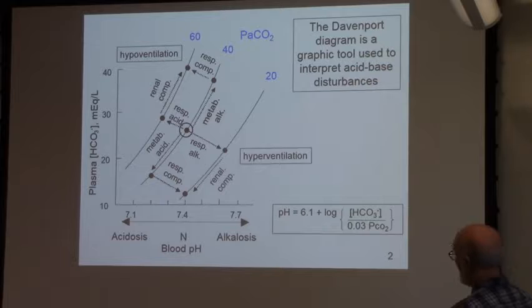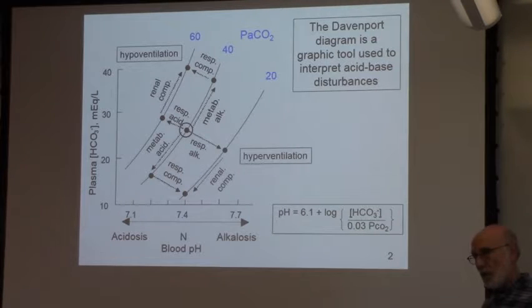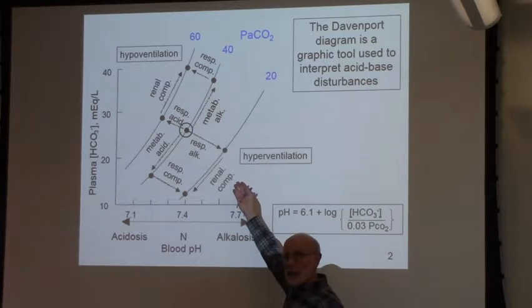So this slide tries to differentiate between metabolic alkalosis and focusing on the kidney. We haven't learned about the kidney yet. We're going to learn about the kidney next, but you can see why the kidney and the respiratory system work together to control blood pH.